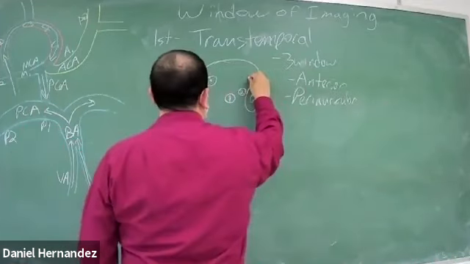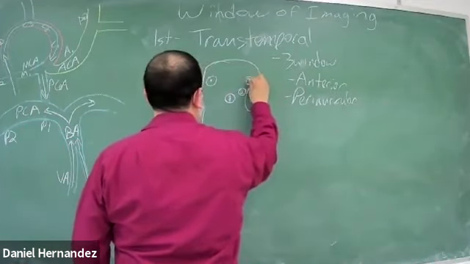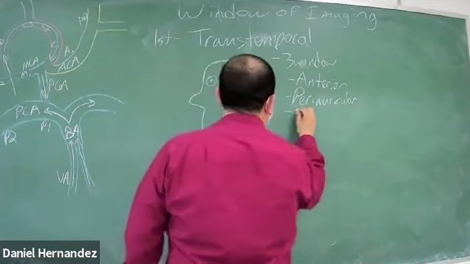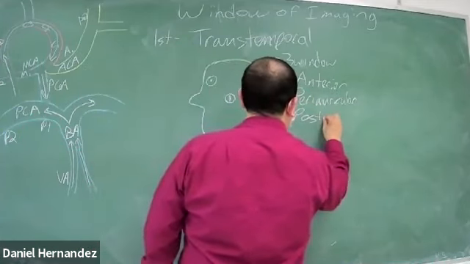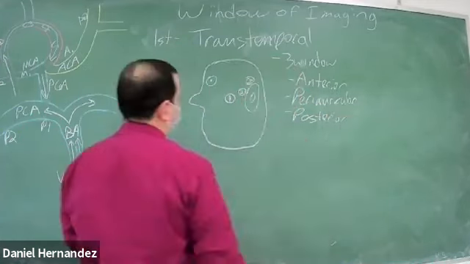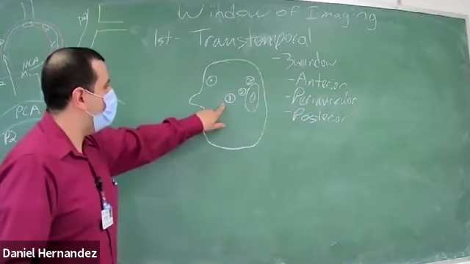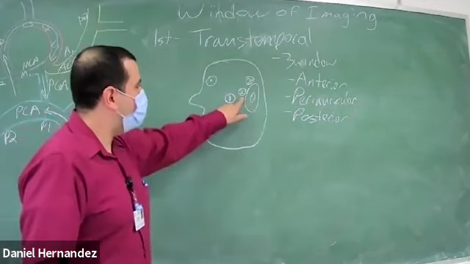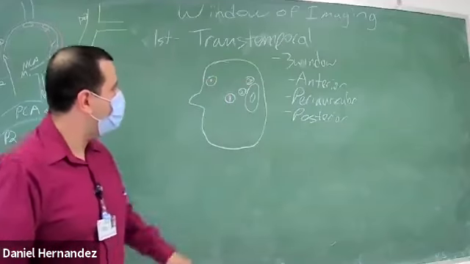We have a window just above the ear, more posterior here. That's going to be a posterior window. So we have our anterior window, periauricular, and a posterior window.